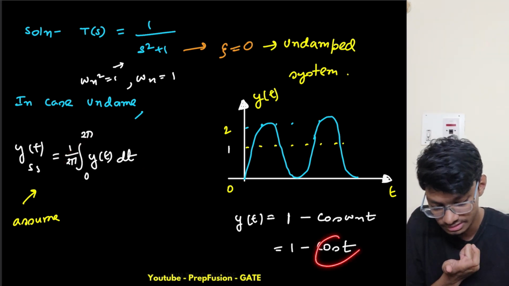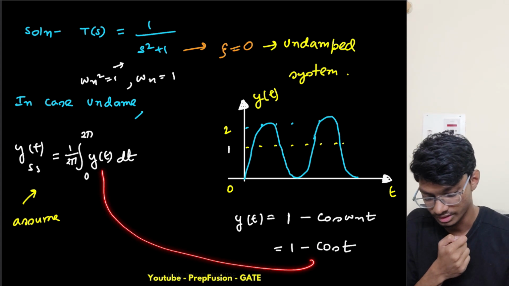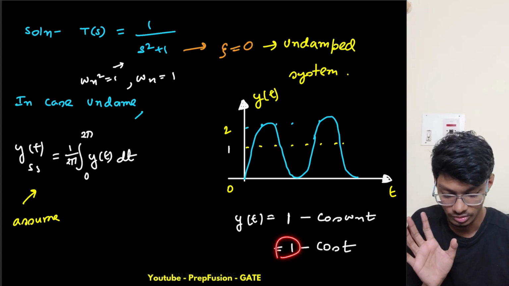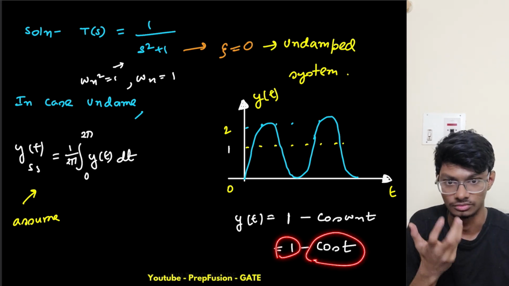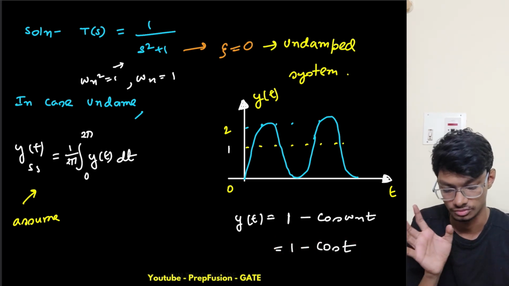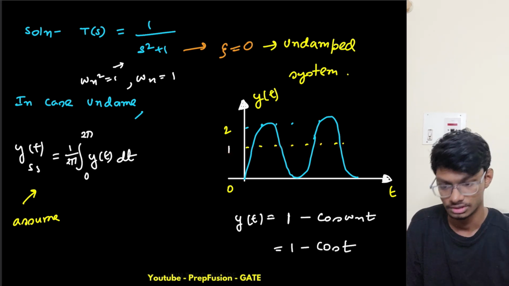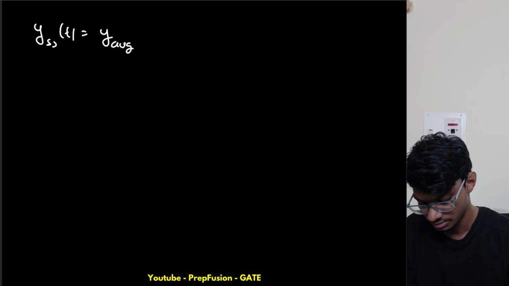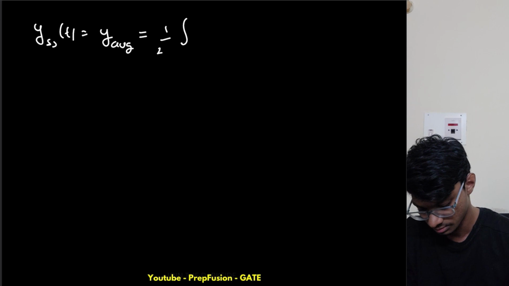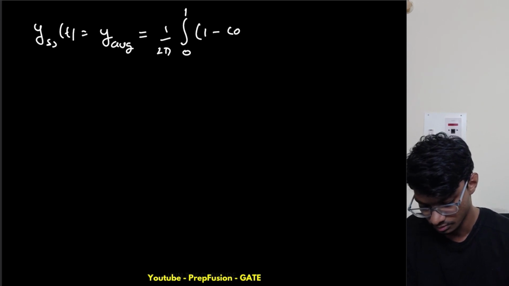If I integrate this over a cycle, the 1 remains 1 only, and the cos t term will be 0. The average value of cos t is 0, so I will remain around 1 only. So y steady state of t equals y average equals 1 by 2 pi times the integral from 0 to 2 pi of 1 minus cos t.